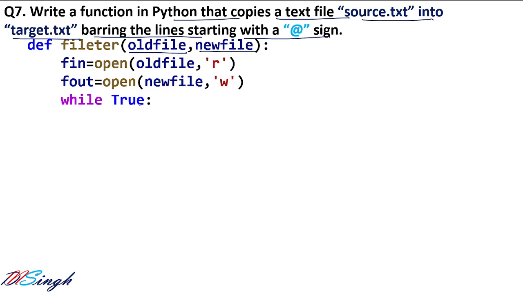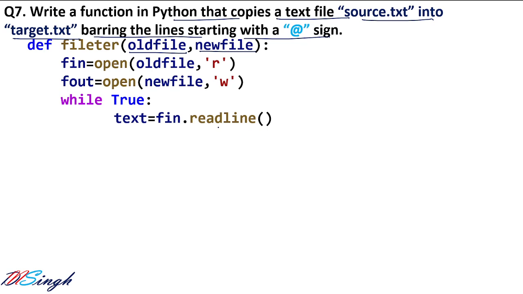Till it encounters the end of file. So there you see text equal to fn dot readline. It is going to read one line at a time. Remember that, very important. Readline will return text in the form of a string, but it returns a single line at a time, and next time it will read a new line, not the same line.